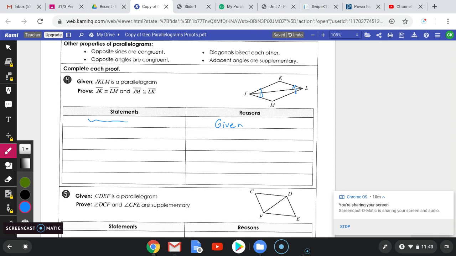So I can say, let's put in one line here, angle KJL is congruent to angle MLJ, and also angle MJL is congruent to angle JLK, because they're alternate interior angles.